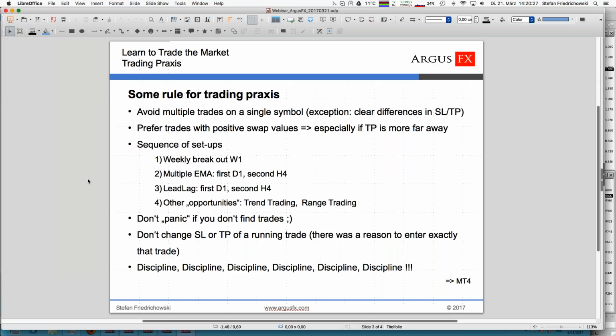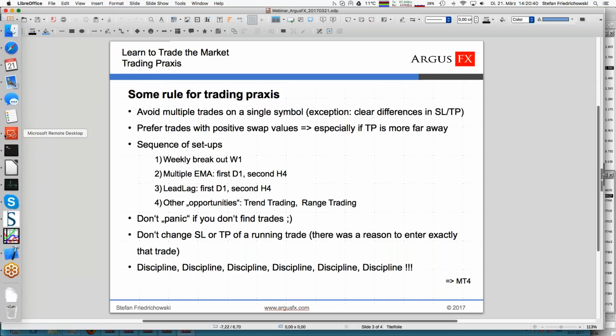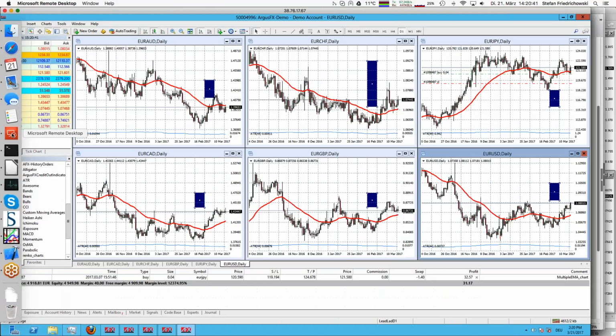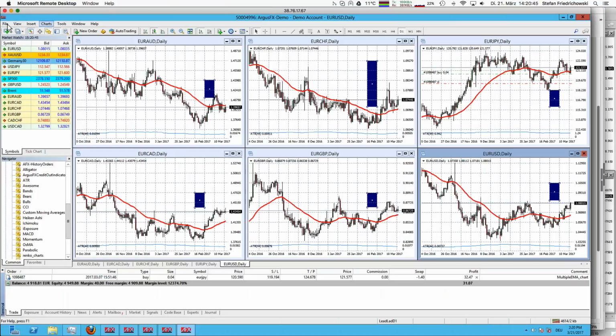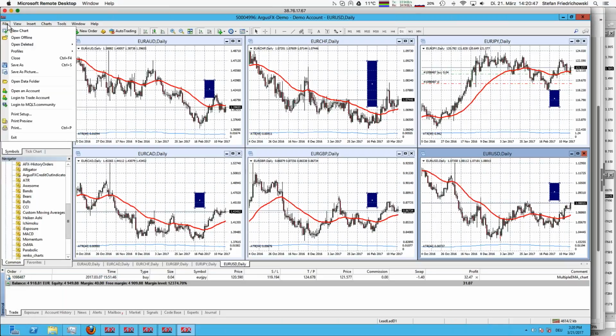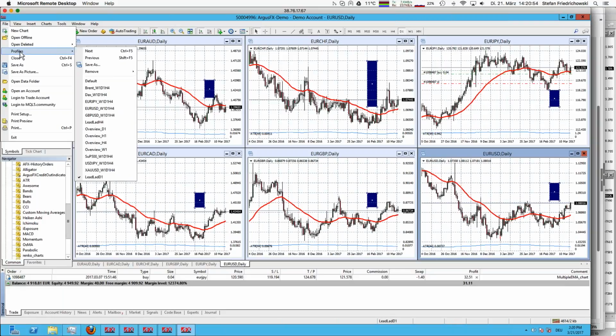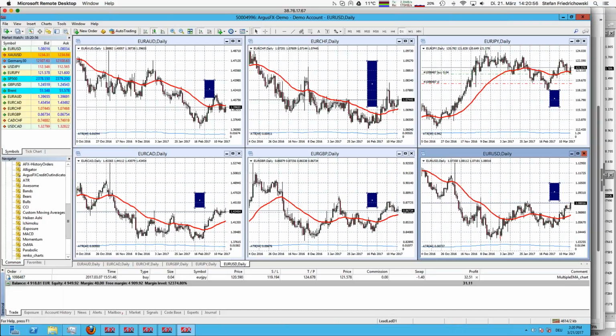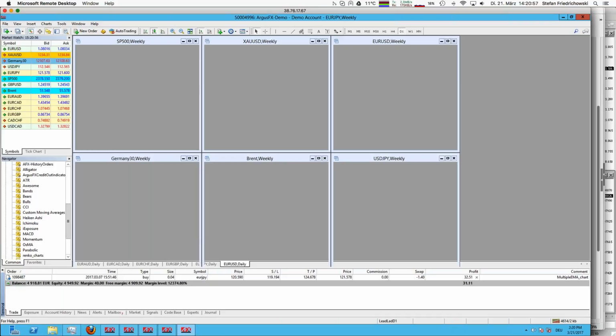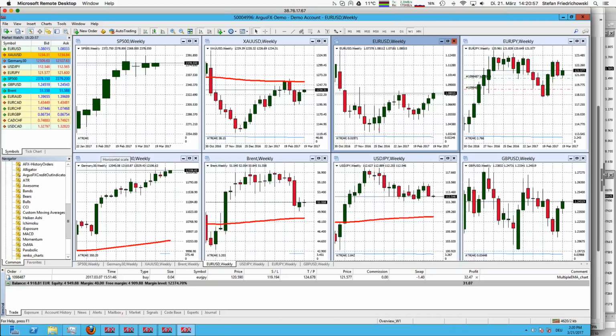So maybe I will place at least 1 trade if possible within every setup. But if there are more, maybe we skip them and I only will mention those trades. So before we come to that, of course, we start, as mentioned, with our weekly profile. And I want to go to the weekly profile first, and that is this one here, just in order to get those trades for the weekly breakout.